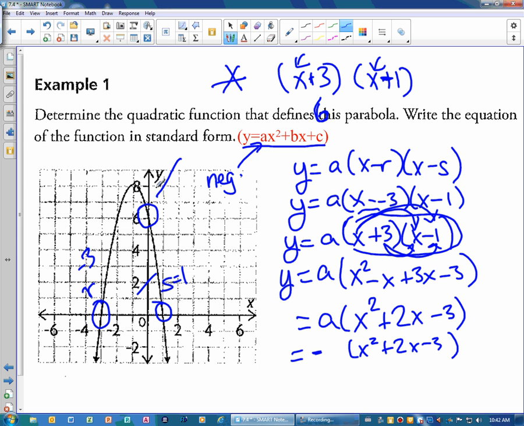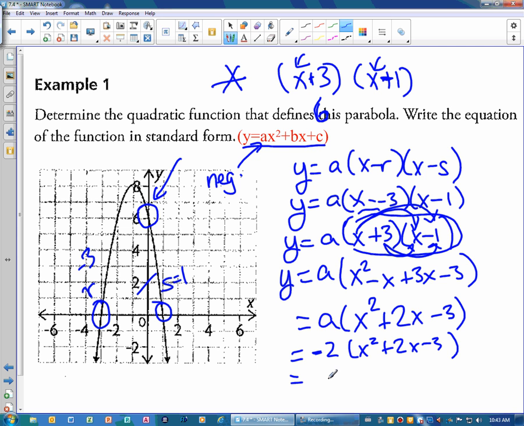But secondly, remember how my y-intercept was 6? Okay, it's +6. Even though my graph opens downwards, that y-intercept is 6. Remember how I need to get a 6 at the end. So what can I multiply this negative 3 by to make it 6? Well, hopefully you're thinking negative 2.